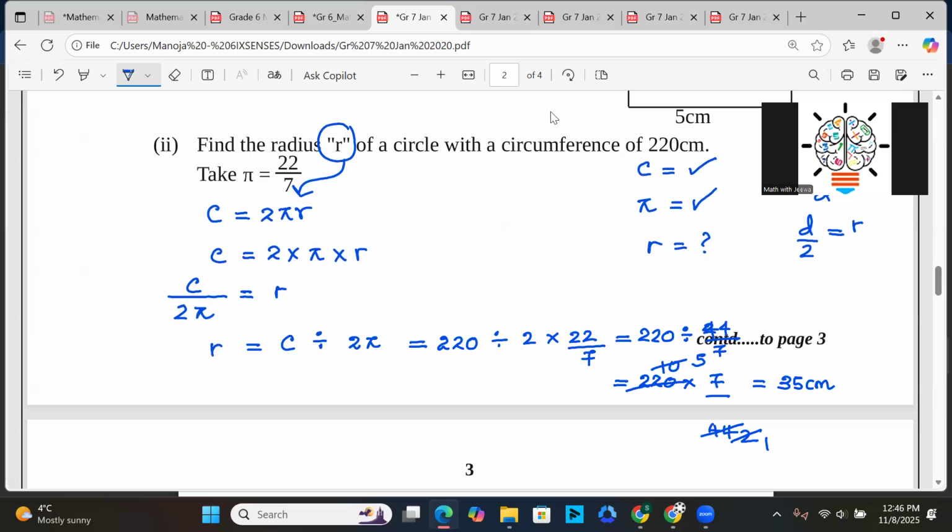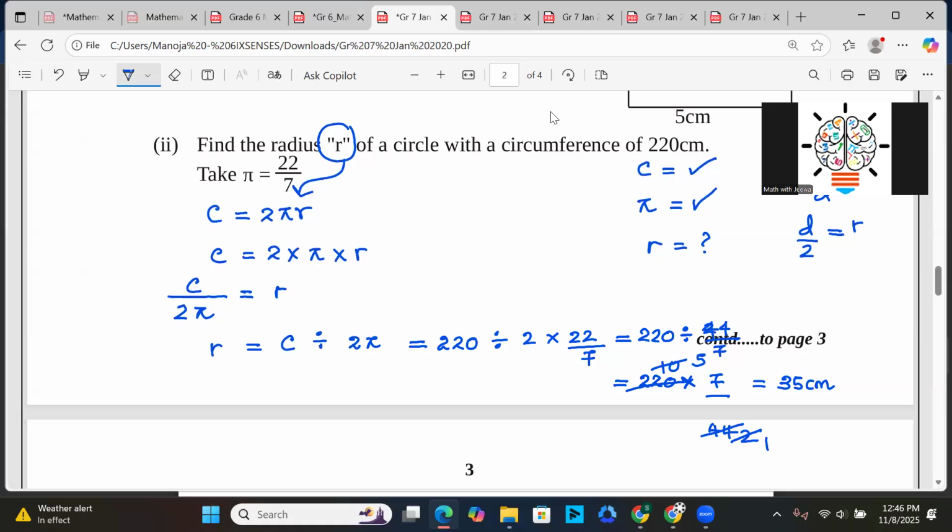Now you write that C over 2π means C divided by 2π. 2 times 22, the answer is 44, so 44 over 7. Then I convert this division into multiplication, right? Instead of 44 over 7, now I have 7 over 44.